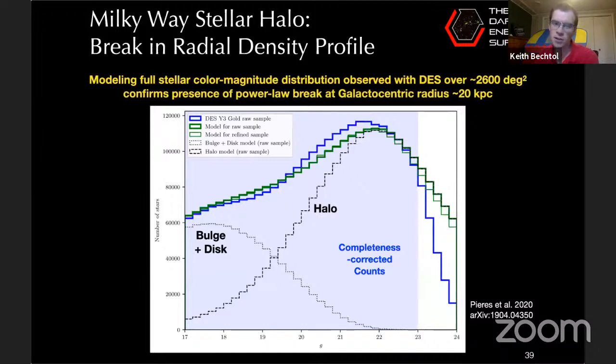So again, this is confirming the presence of a power law break in this model fitting and getting precision parameters for this density profile.